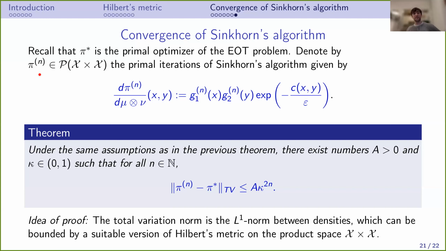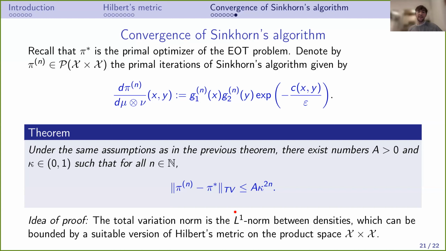So of course, using these iterations of Sinkhorn's algorithm, we can also define a primal iteration of Sinkhorn's algorithm, just in the same way as the optimizer of the EOT problem was defined through G1 star and G2 star. If we define this pi n with this density, then under the same assumptions as in the previous theorem, we can show that we also have exponential convergence of these primal iterations with respect to the total variation norm.